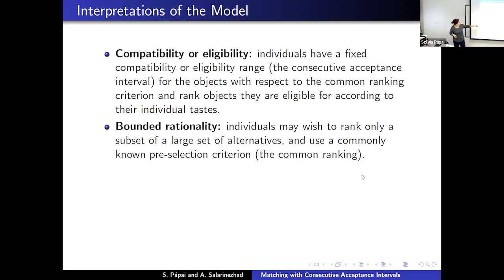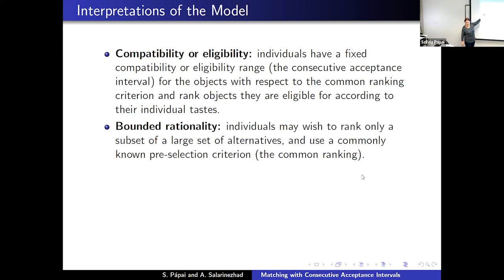Then we could also say maybe it's self-imposed by the agent because of bounded rationality. We have too many options, and if we want to come up with a strict ordering, it's best to first rely on some given information about the different options and limit ourselves to a certain range within that. Then we only rank those.